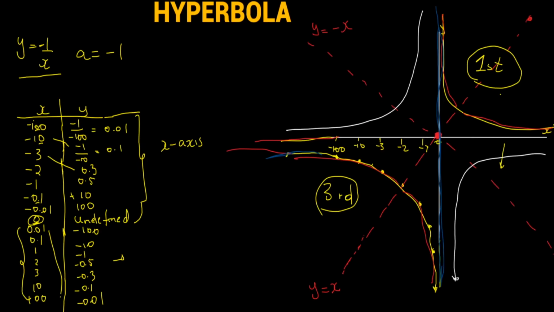So you can see that when a is negative, the graph is defined on the second and fourth quadrant. So that's what A tells you. It tells you where your graph is defined and your shape. So note that even though A is negative, you still have the same axis of symmetry, right?